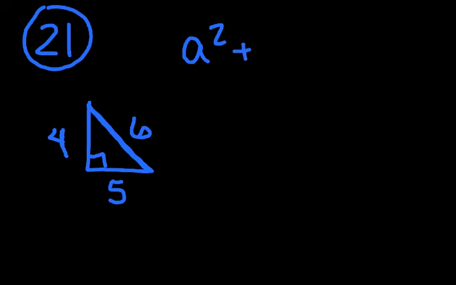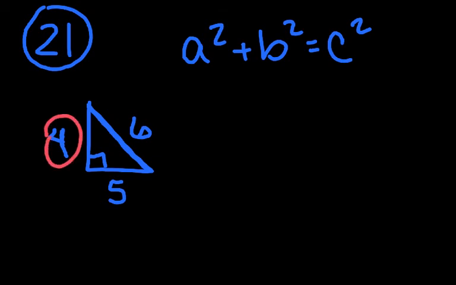Number 21 says, which of the following represents the lengths of the sides of a right triangle? Go ahead and draw your right triangle. We're going to try A first. A is saying that your legs are 4 and 5. Remember, the hypotenuse is always the longest side on the triangle. So that would have to be your 6. In order for that to be true, you could use a squared plus b squared equals c squared.